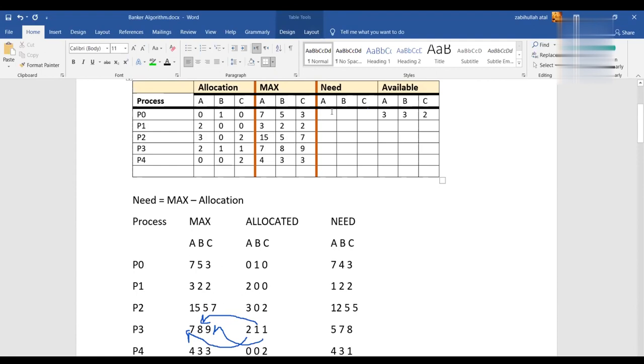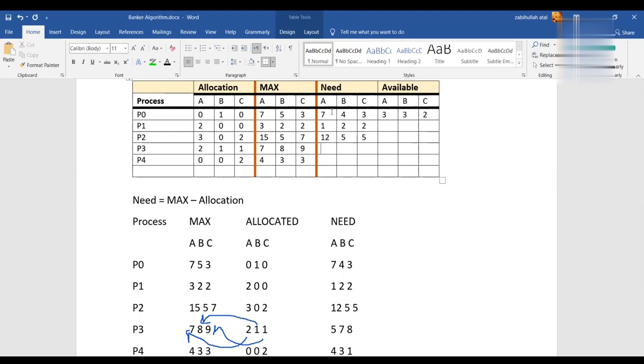Now I have to fill in this need amount of resources. So dear students, 7, 4, 3. And then 1, 2, 2. Here 12, 5, 5.